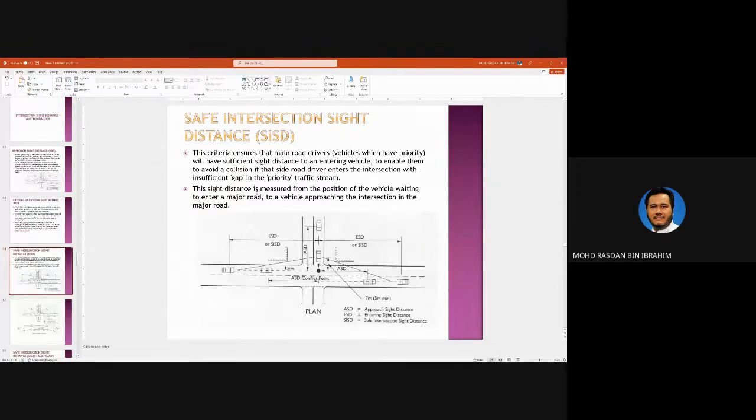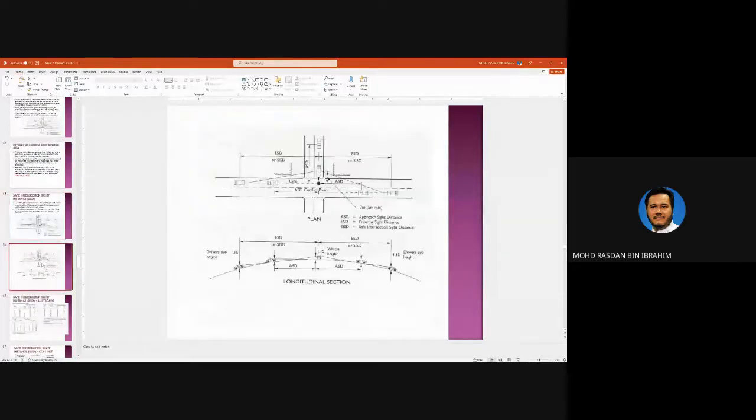So the sight distance is measured from the position of the vehicle waiting to enter a major road here to a vehicle approaching the intersection in the major road over here. Okay. So this is viewed as a cross section, not long section. Long section of the minor road and cross section of the major road. Sorry, reversed. Long section of the major road, cross section of the minor road here.